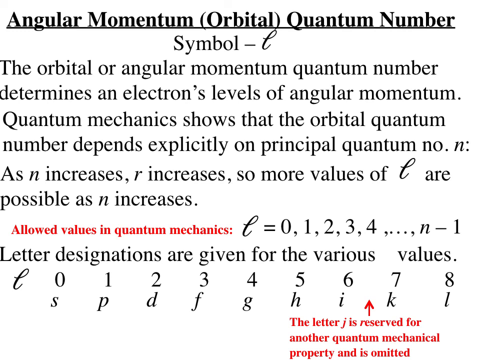Now, let me say a little bit about why they did not start alphabetically at A, B, C, and D. They went S, P, D, and F. They did this historically, from what they found later to be the connections to the amount of angular momentum that electrons possessed compared to what they were seeing spectroscopically.